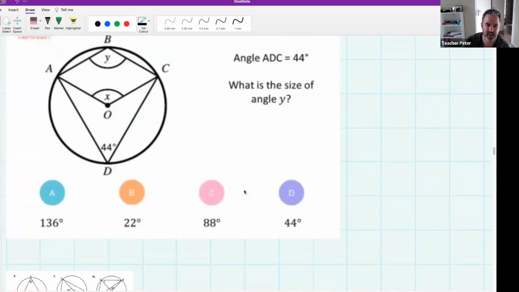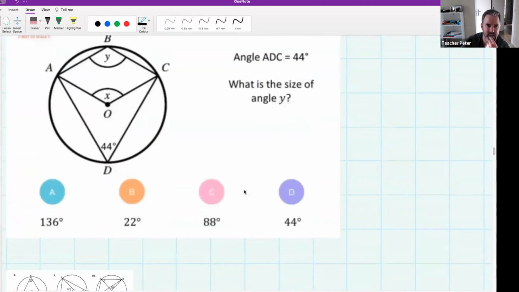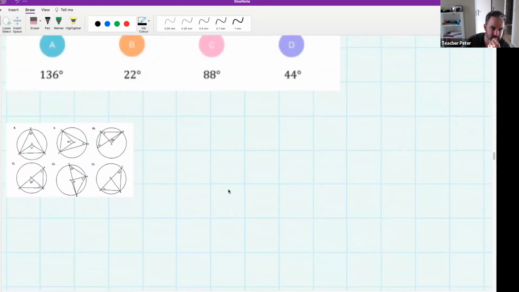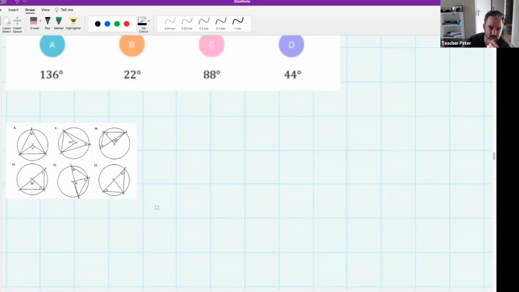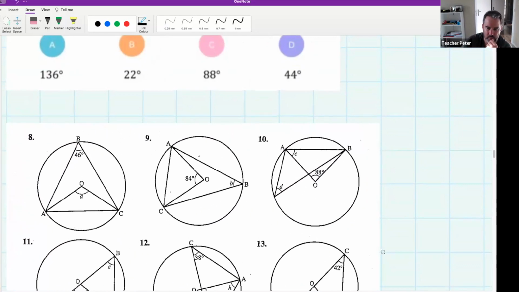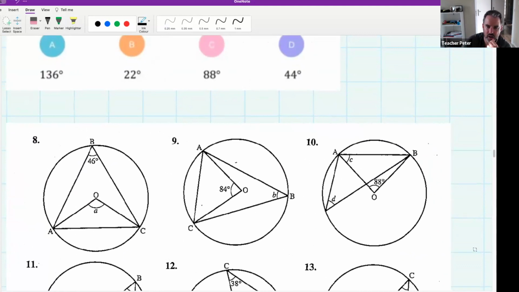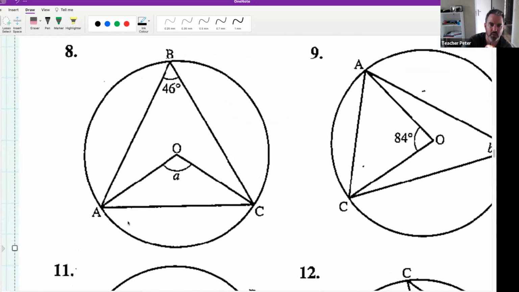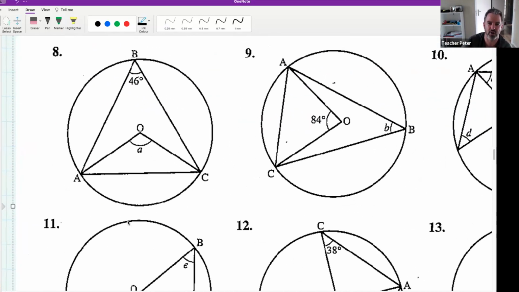Okay. Let us have a look at this one, these ones. Okay, I want to know what is the size of angle A in 8?